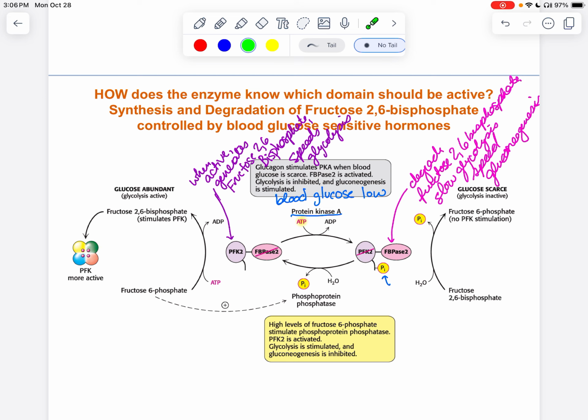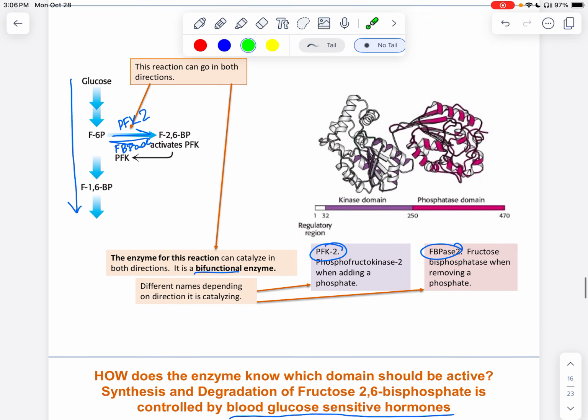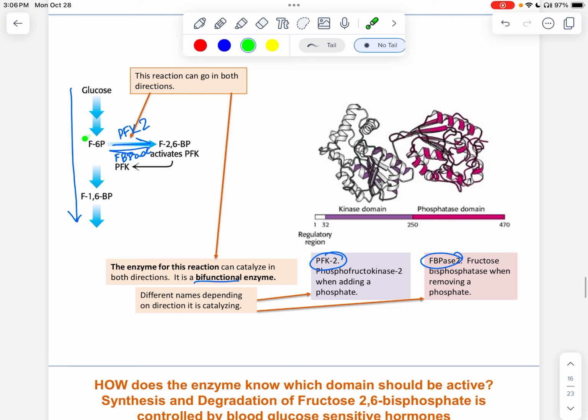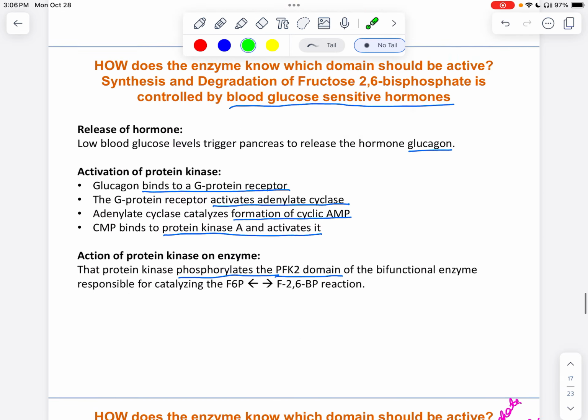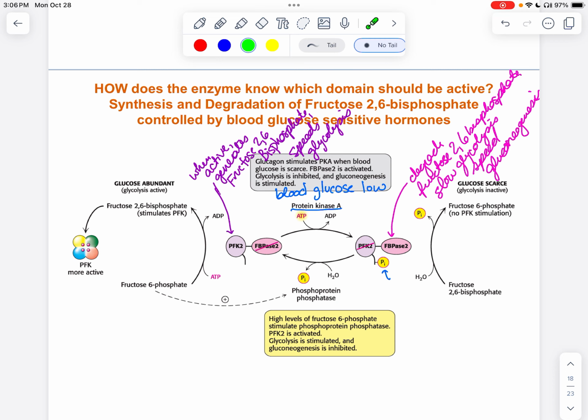Okay, but on the other hand, think about your glycolysis series of steps. If you start building up the fructose 6-phosphate, so here was our fructose 6-phosphate, here's our fructose 1,6-bisphosphate. So if we start building up high levels of this, that would be an indication that probably we're no longer low on glucose.